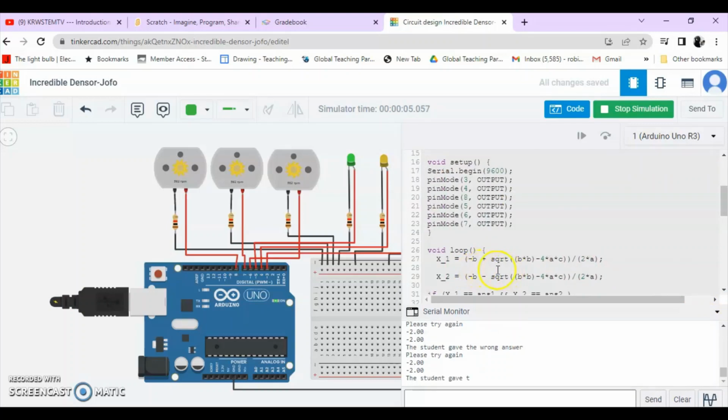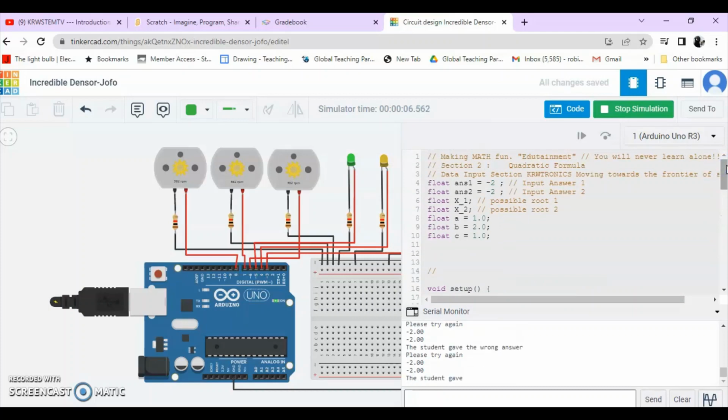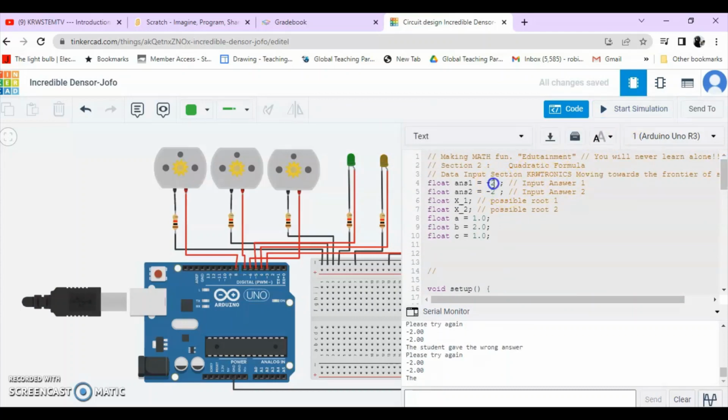When we put A equal 1, B equal 2, and C equal 1 in the formula, we would have x1 equal to negative 1 and x2 equal to negative 1. So that you would compute in your books. And when you compute that in your books, you will put your new answers here.